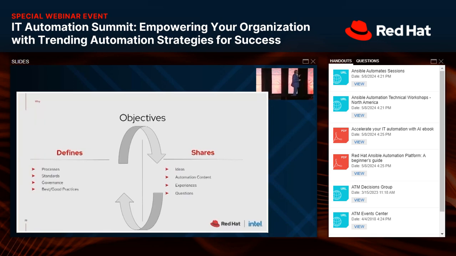Objectives of a COP should be to define processes, standards, have governance, and as I said, I'll edit this one and change the best to better or good practices, right? And then, what does this enable? When you have an automation community of practice, you get more people sharing ideas, coming up and presenting problems that can be solved by multiple people joining together to solve a common issue, right?